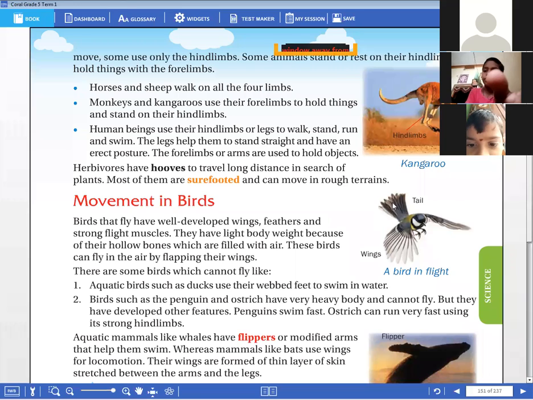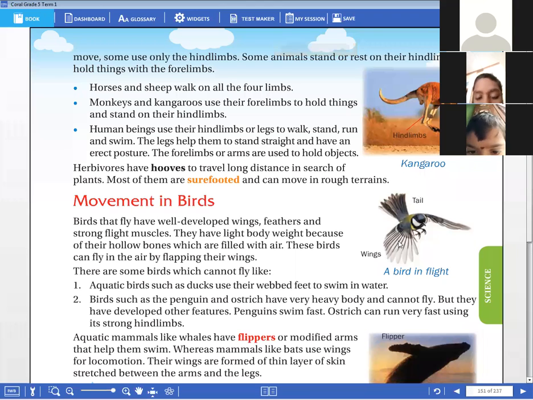That tail is also covered with many feathers. Yes or no? It has many feathers. And these parts are called wings. You know, with the help of wings only it will fly. But on the wings also, you can see feathers. The body is covered with feathers, children. Due to the help of wings and feathers, a bird can fly.